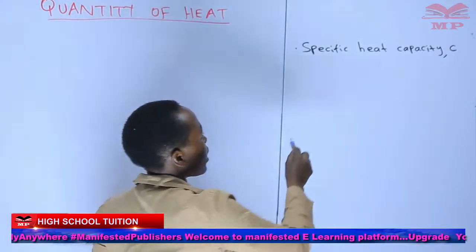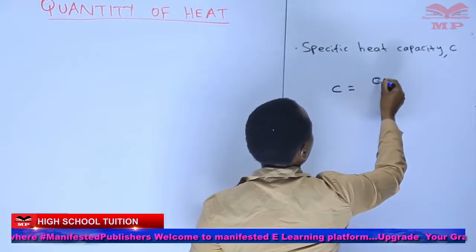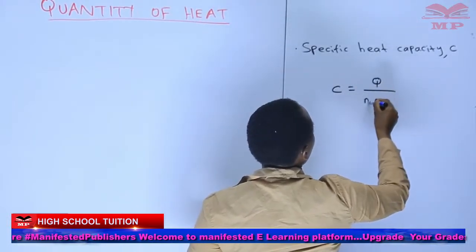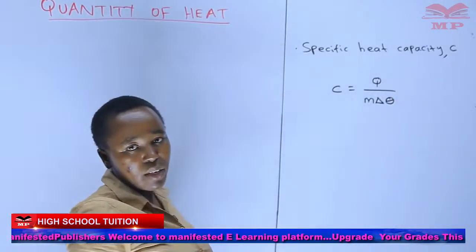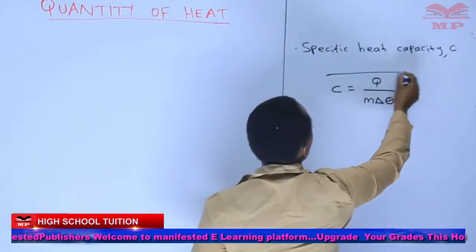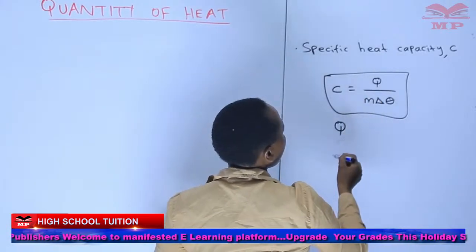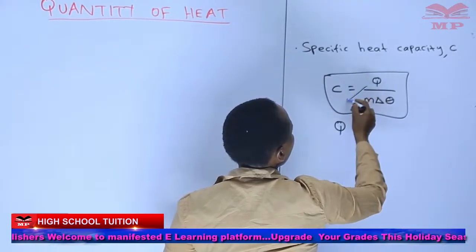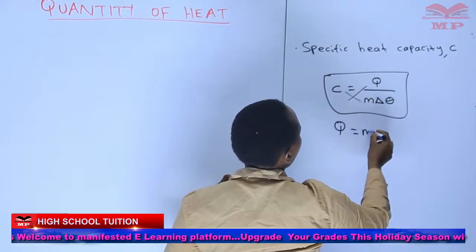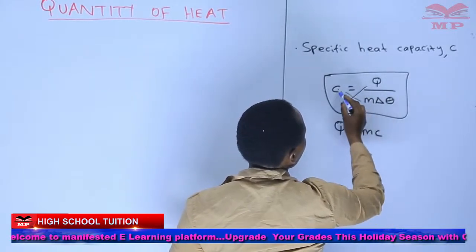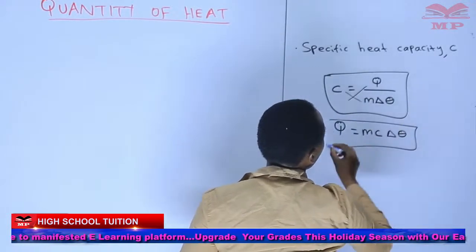And therefore we say that specific heat capacity is given by the quantity of heat divided by the mass of the substance multiplied by the change in temperature. So make note of this, and from this therefore we can say that when we cross multiply, quantity of heat will be equal to mass multiplied by the specific heat capacity multiplied by the change in temperature.